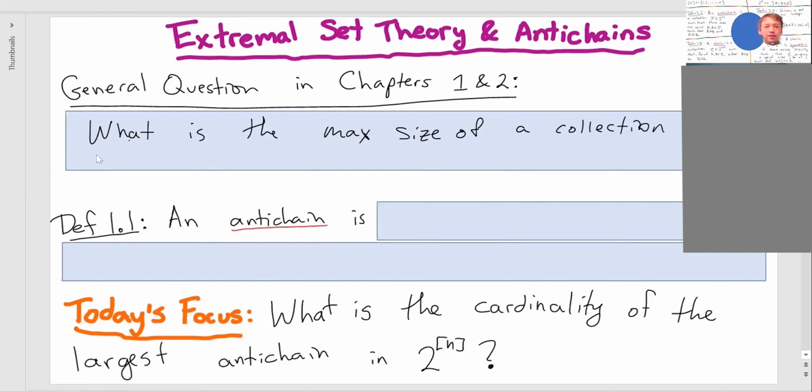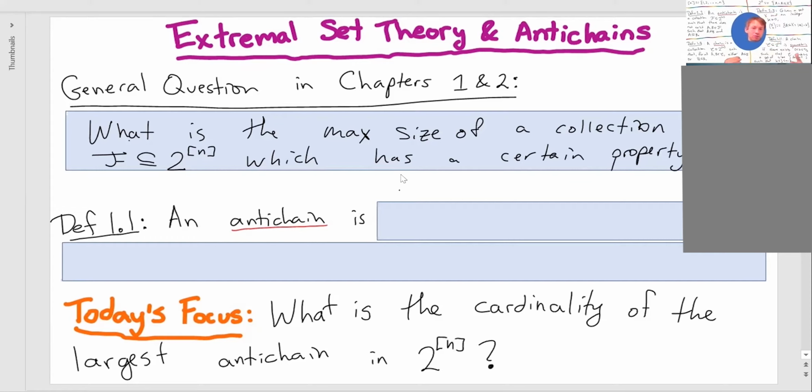So it's a collection F, which is contained in the power set of the numbers 1 up to n, which has a certain property. Out of all of the subsets of the power set, we want to find the biggest one subject to some kind of constraint.